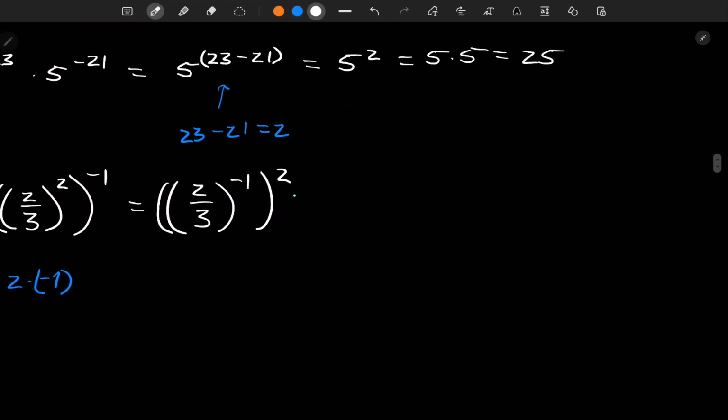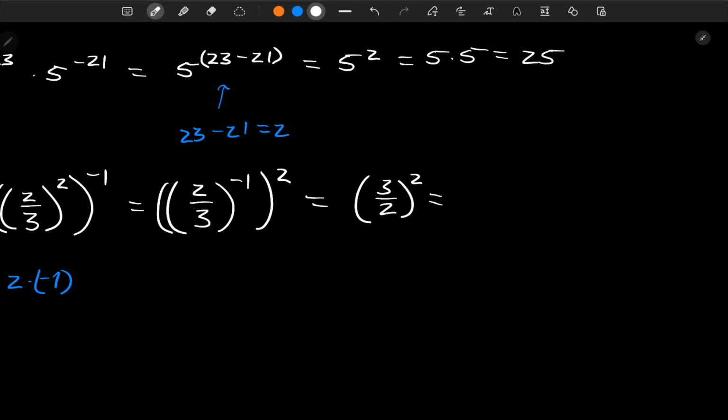Regardless, this is equal to, well, inside of the square here, we have 2 over 3 to the negative 1 power. The negative 1 power finds the reciprocal of a fraction. So this would be 3 over 2, because the reciprocal simply means you swap the numerator and the denominator. And we raise that to the second power.